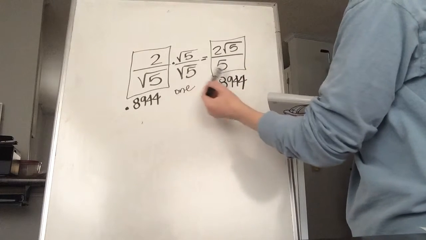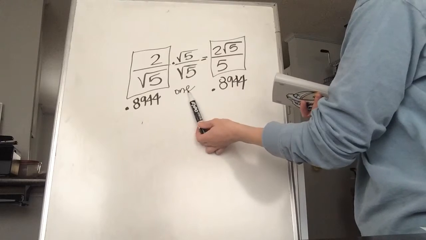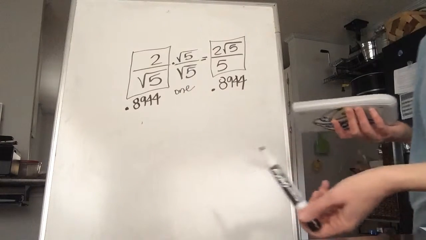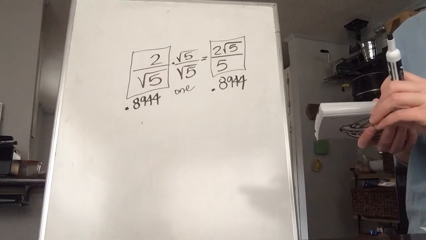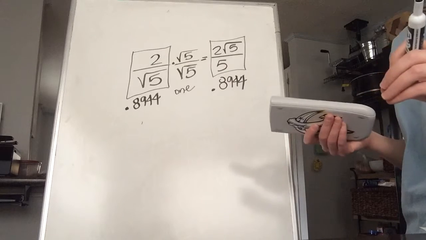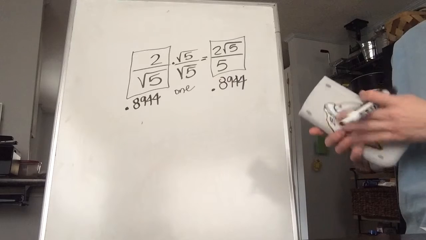So even though these look very different, this shows that we multiplied it by 1, because the square root of 5 over square root of 5 is equal to 1. So you can multiply anything by 1, and you can change the numbers around, but you're not going to actually change the value around.